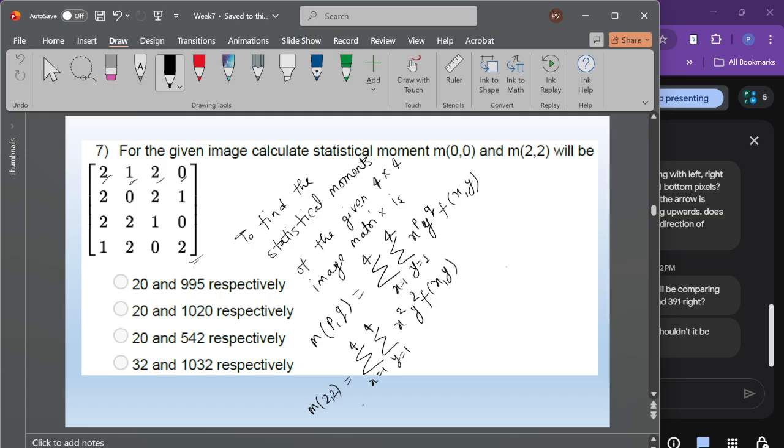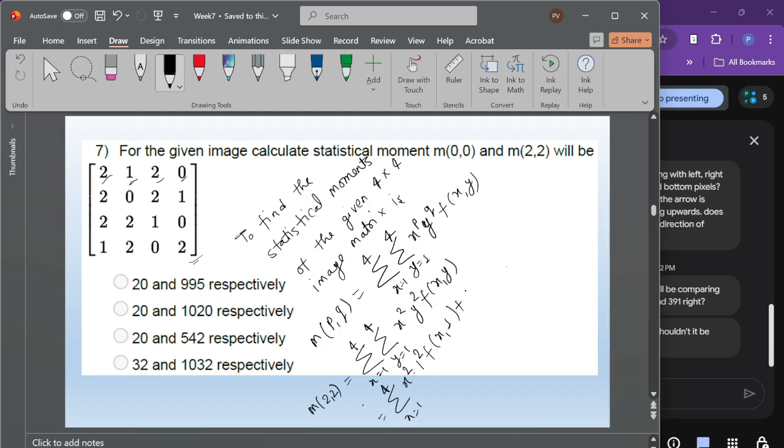We can open first the first summation, that is y. The x will be value 1 to 4. If we open this one, so x square into 1 square f(x,1), right?